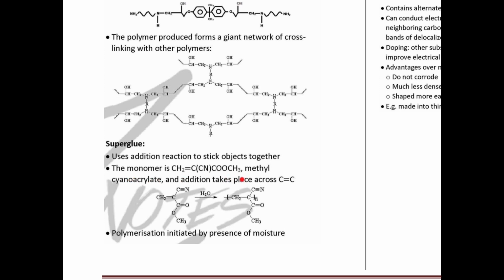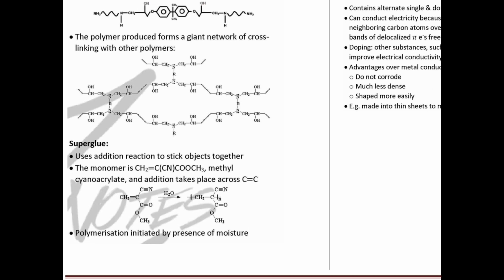And addition takes place across the C=C double bond. So addition takes place here, the double bond. Polymerization is initiated by the presence of moisture. It's the same thing again. So as long as you leave the glue exposed to the air, then the glue can set on its own. Now let's move on.